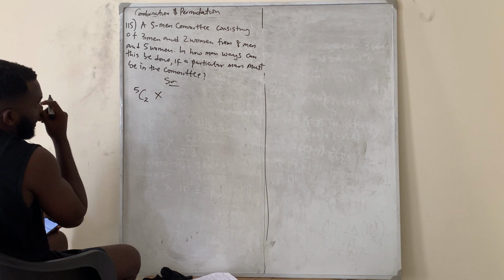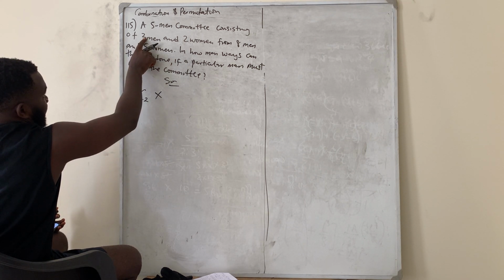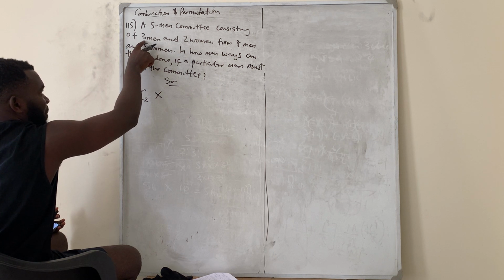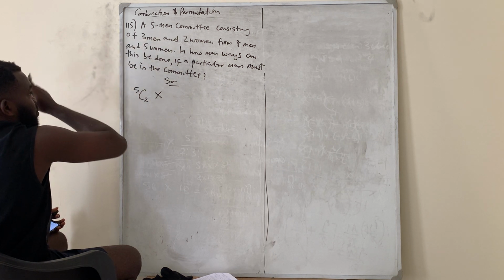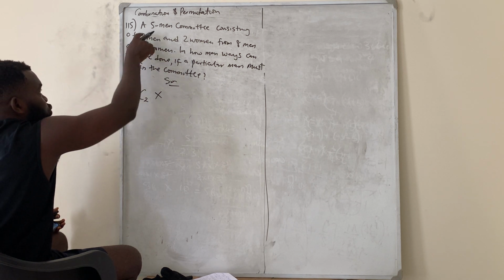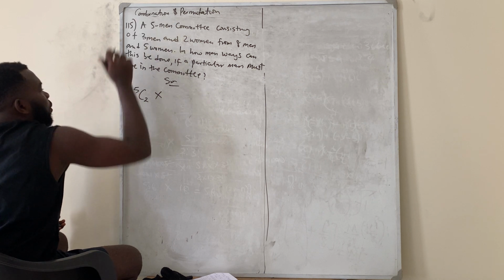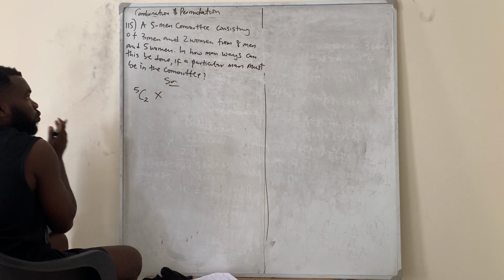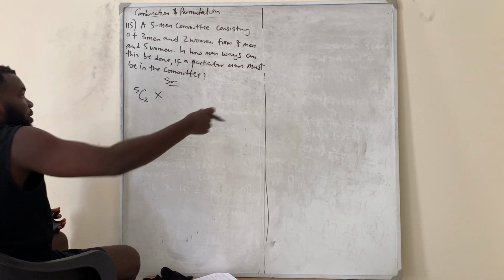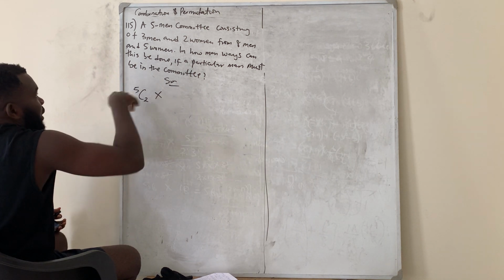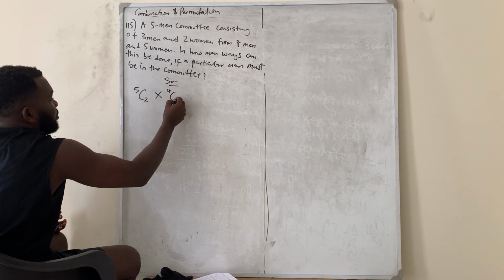Now, for the men, we are selecting 3 out of 5, but one person is already taken out. They say that one must be there, so we've removed that person. So what we are now selecting is 4 combination 2.